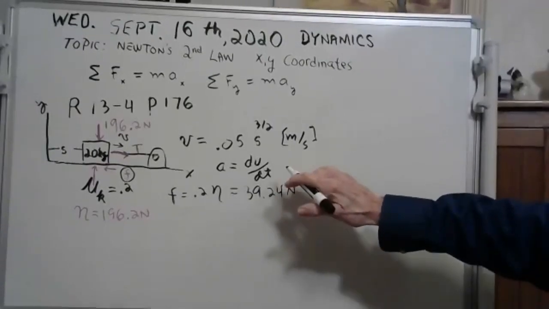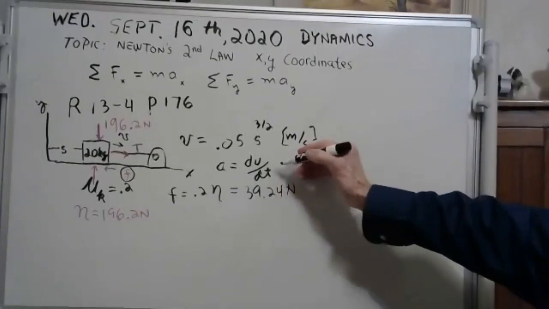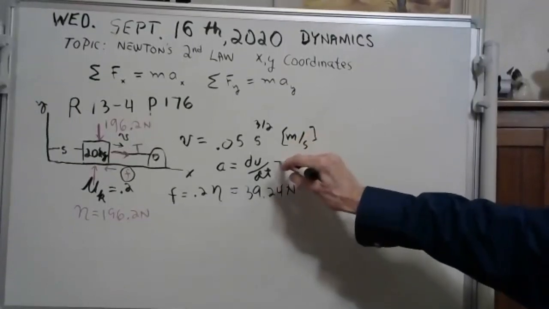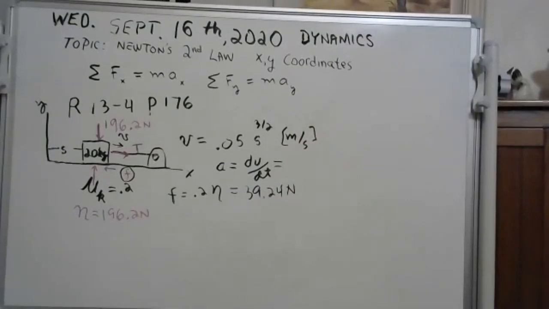Jackson, what do you have so far? We need this acceleration. What'd you get, Jackson? Earth calling Jackson.